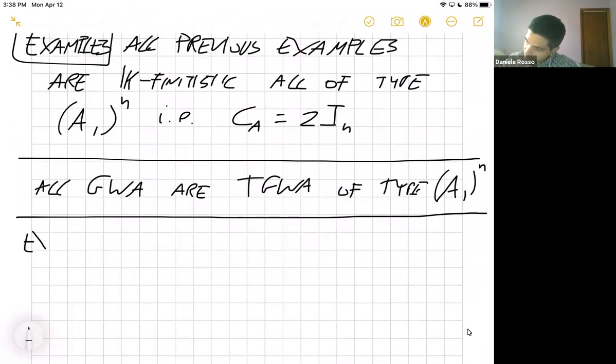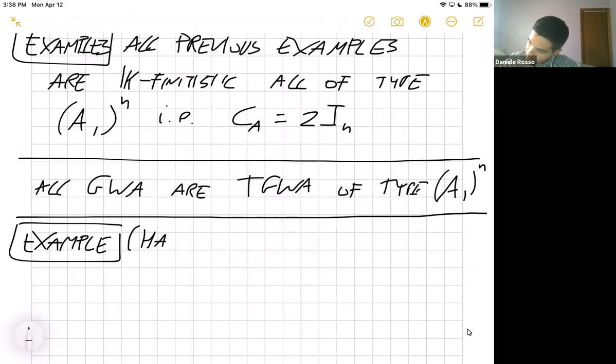But so another example of k-finitistic that's not of type A1 to the n. This is a family that I worked on with Jonas Hartwig.